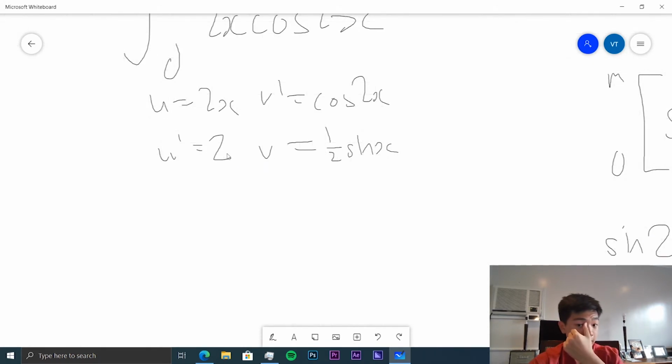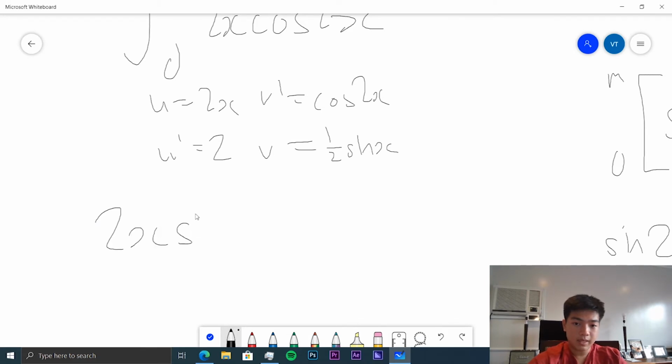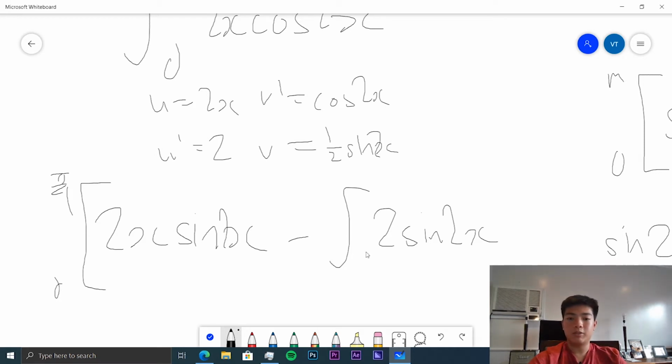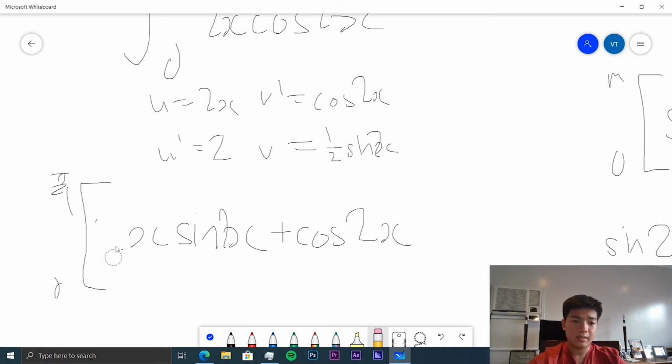So we have 2x times 1/2 sine 2x between 0 and pi over 4 minus the integral of 2 times 1/2 sine 2x, which gives plus cosine 2x. And this should only be x sine 2x, since this is 2x times 1/2.